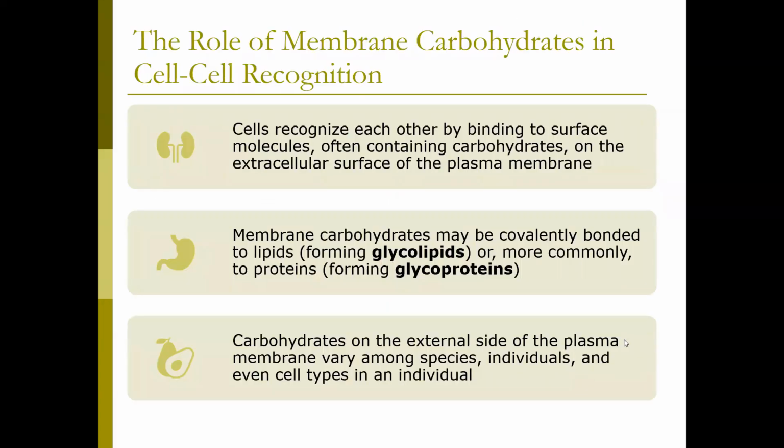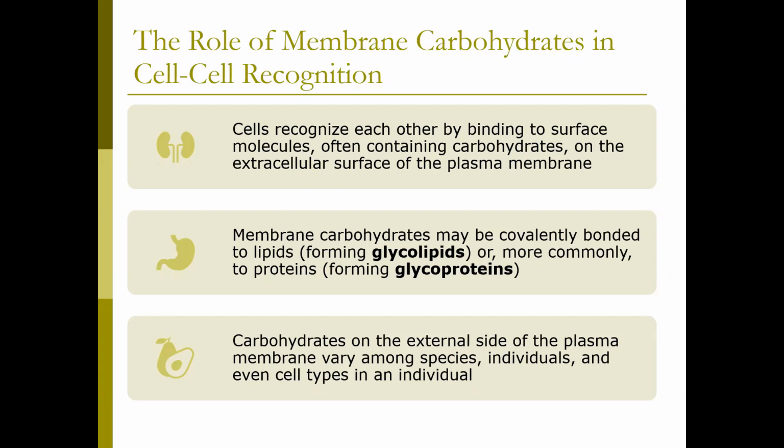Okay. So what are the roles of carbohydrates in cell-to-cell recognition? We need to have cells be able to communicate with each other and recognize each other. So they do that by recognizing certain carbohydrates that are embedded on the plasma membranes, on that extracellular surface of the plasma membrane. So those carbohydrates can be covalently bonded to lipids.